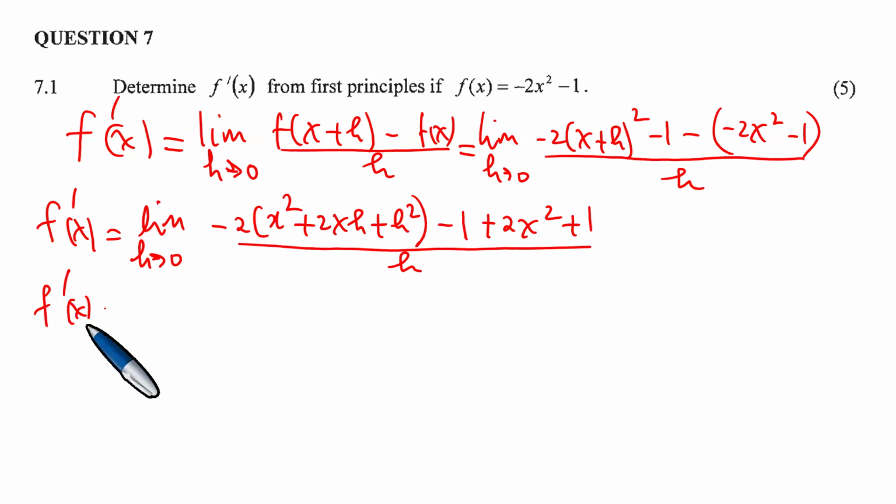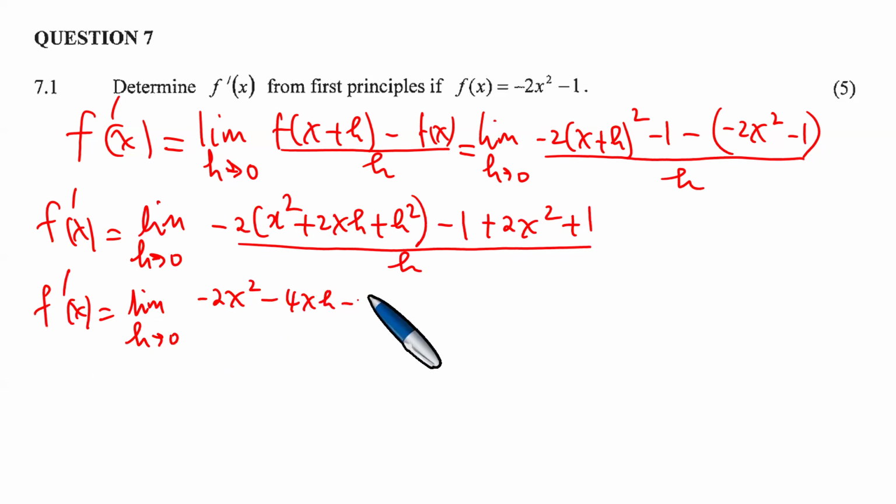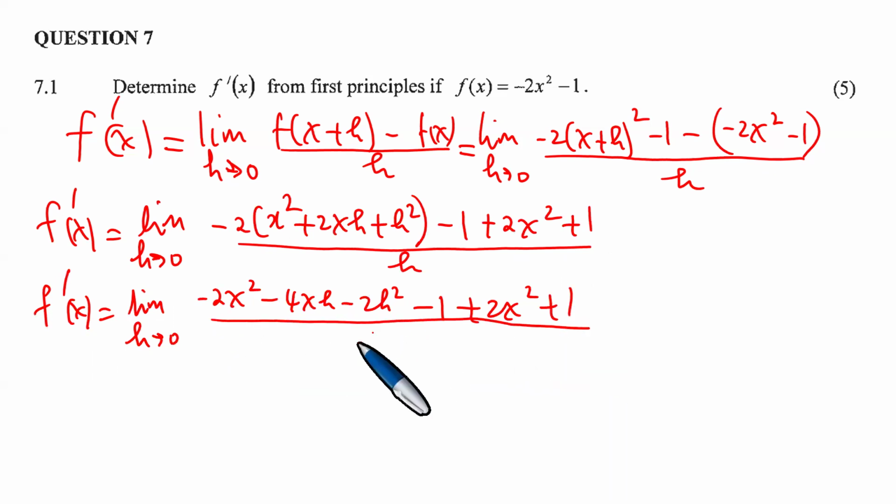So f prime is the limit as h tends to 0, we distribute here, getting minus 2x squared minus 4xh minus 2h squared minus 1 plus 2x squared plus 1, divided by h.